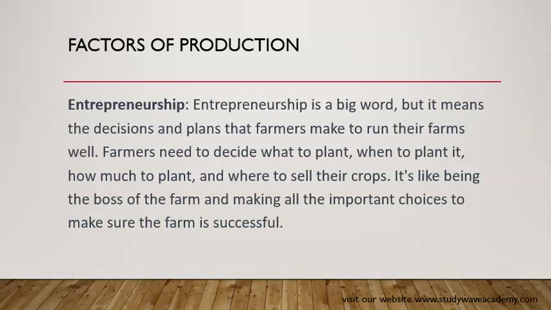These factors work together in farming to produce the food we eat and many other things we use in our daily lives. It's just like a team where each player has an important role and together they make the farm a success. Okay?